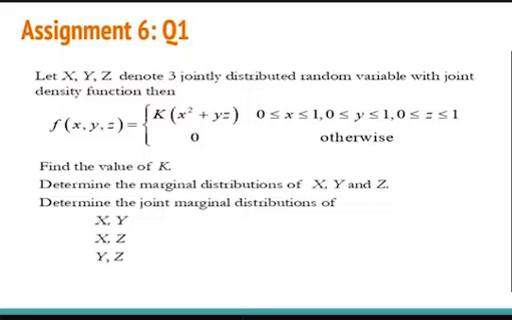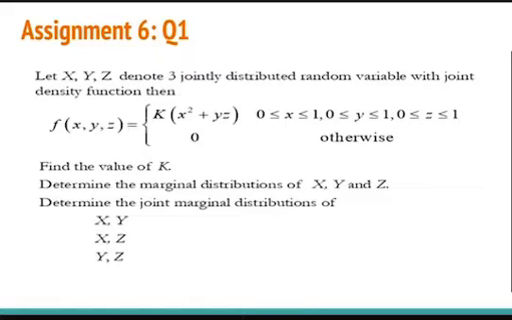a situation where you have three variables and two variables become marginal. Now you want to find f of x, y, right? You are interested in this guy, so you're going to integrate with respect to the variable you are not interested in.